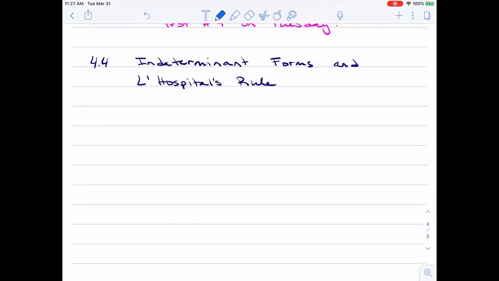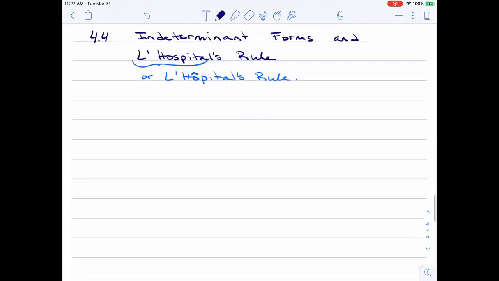You might also see it spelled as L'Hospital's rule. Kind of a fun fact. L'Hopital himself spelled it with the S, but then spelling evolved, and so now you would probably write L'Hopital's this way. It really doesn't matter which way you use. It's just kind of a fun thing. So you can use either or.